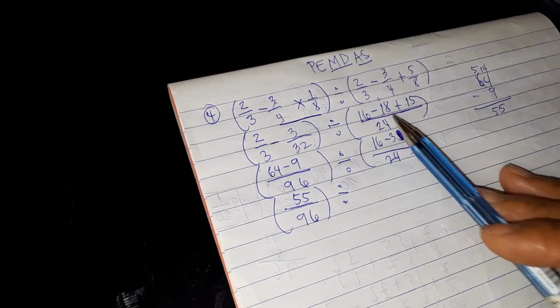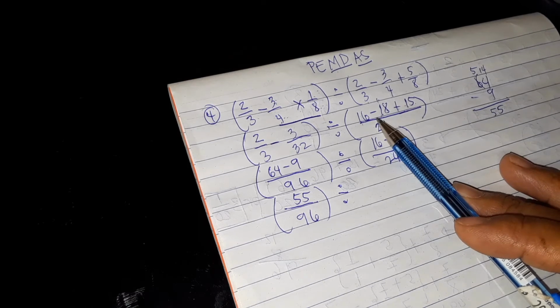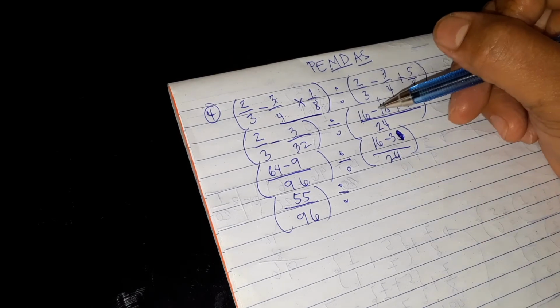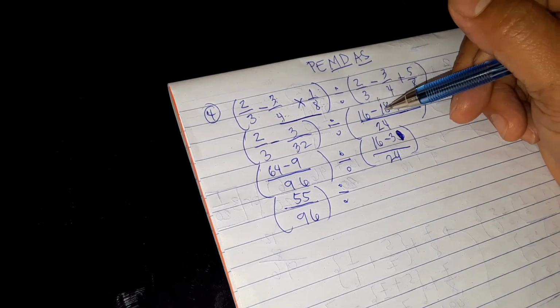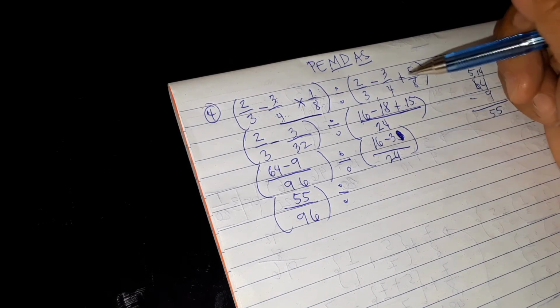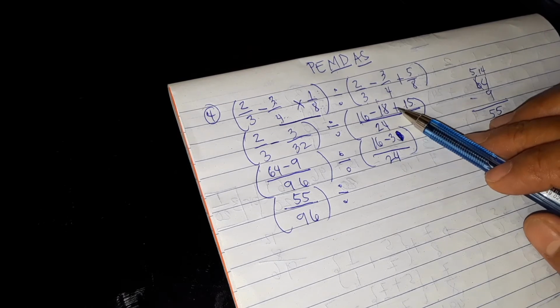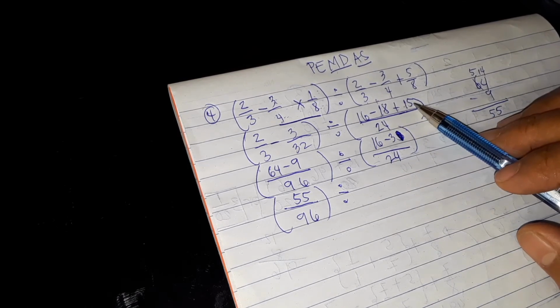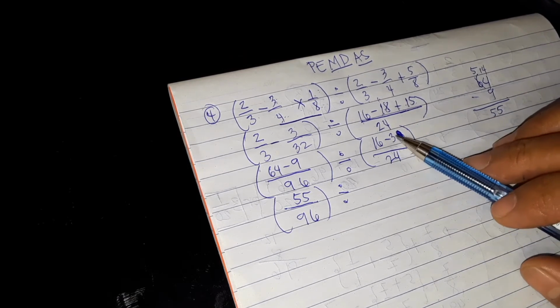So let's copy first 16 minus. If you look at this, negative 18 plus 15 is negative 3, because they have unlike signs. So 18 minus 15, you're going to subtract, is 3.